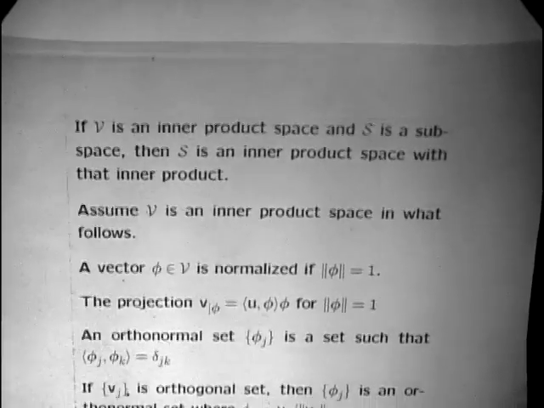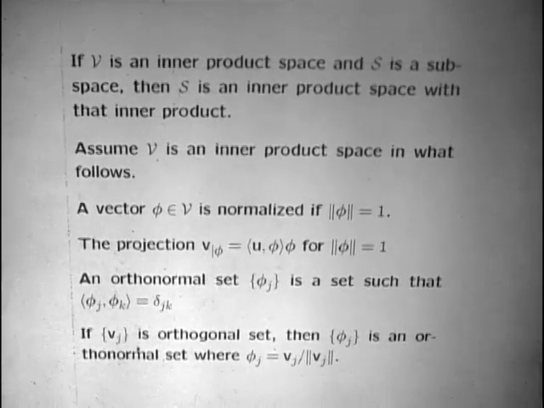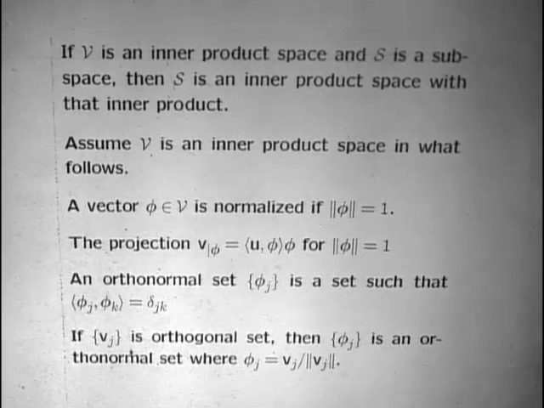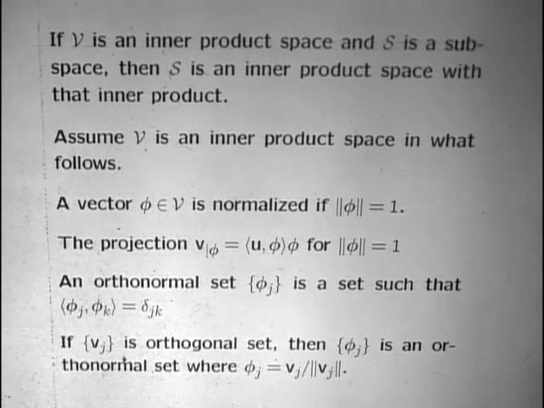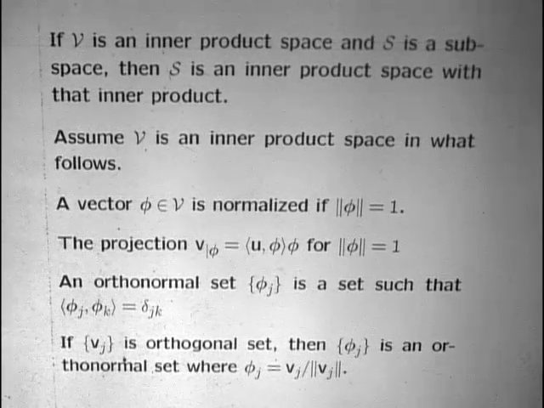Okay, if we have a vector space which is an inner product space, in other words, if we add this inner product definition to our vector space, and then I take a subspace of it, that can be defined as an inner product space also with the same definition of inner product that I had before.